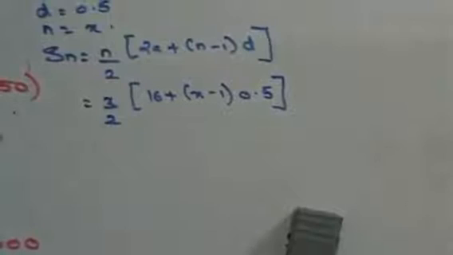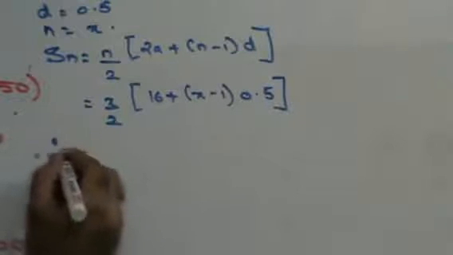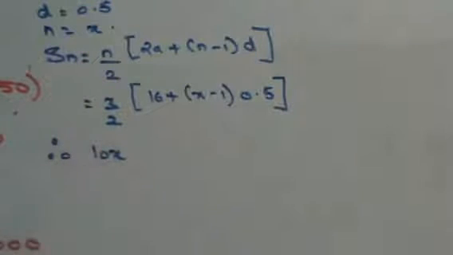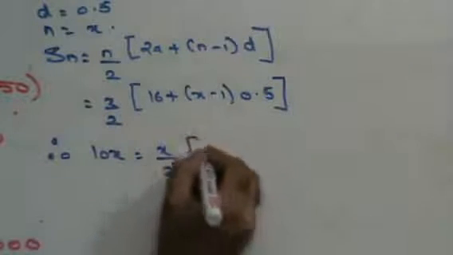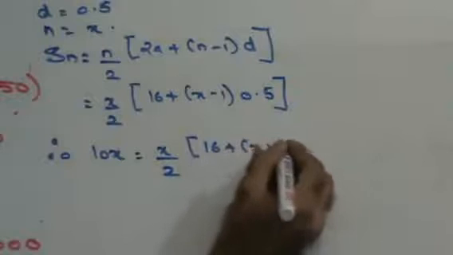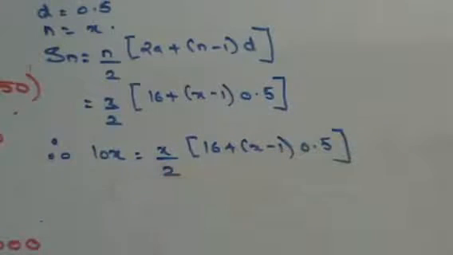If the two cars are going to meet, the distance covered by the first car should be equal to the distance covered by the second car. That means 10x should be equal to x by 2 into 16 plus x minus 1 into 0.5.